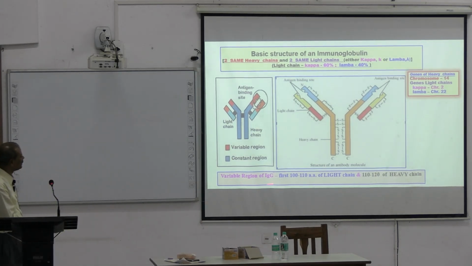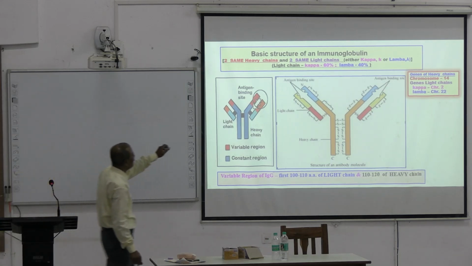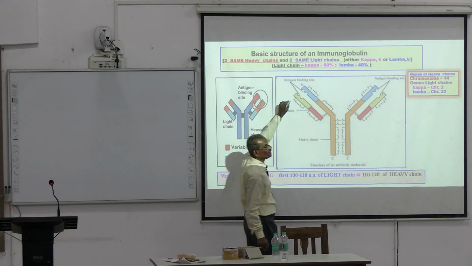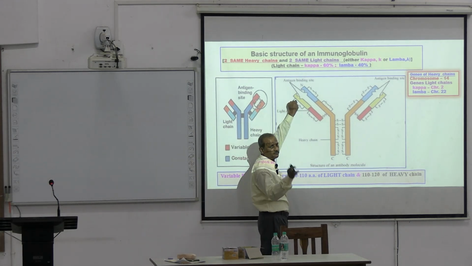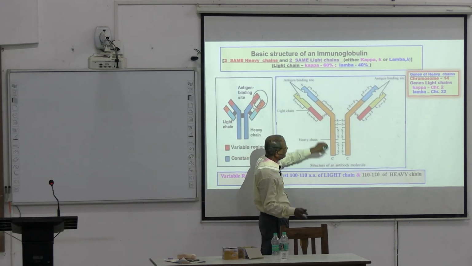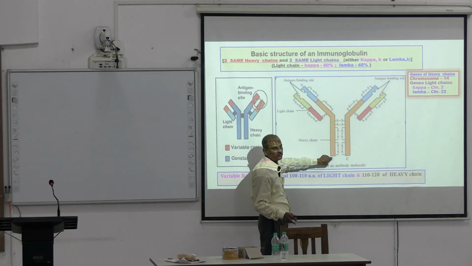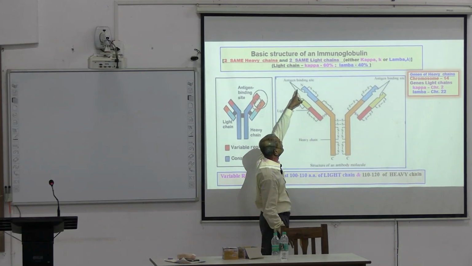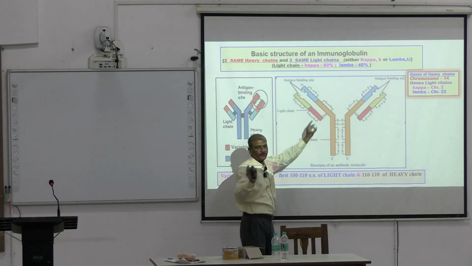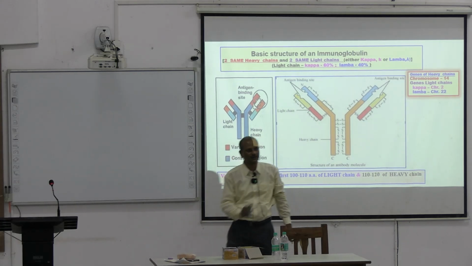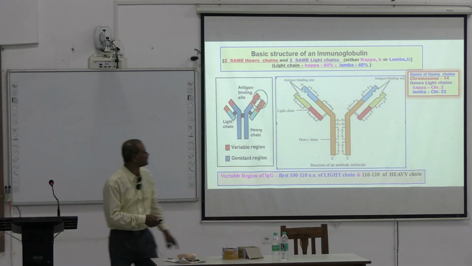In the variable region of IgG, the first 100 to 110 amino acids are involved. This is the N terminal of the polypeptide chain, and this is the carboxy terminal. Just remember C means carboxy terminal. You draw a picture of immunoglobulin and try to understand, it will be easier.